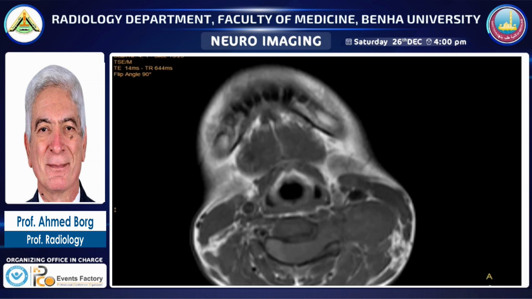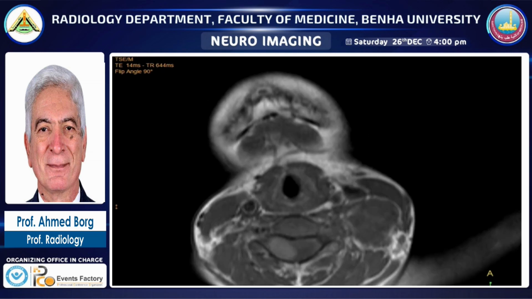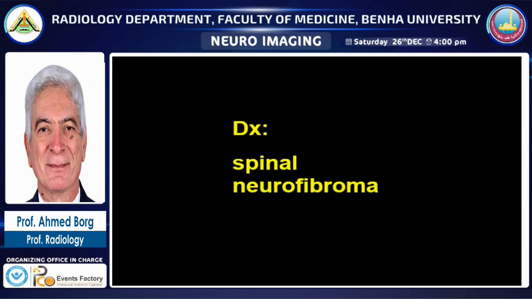This is the mass, intra and extraspinal component on T1 weighted image. T1 weighted image again. This is the CSF cap or widened CSF. Diagnosis in this case is spinal neurofibroma. Thank you so much.